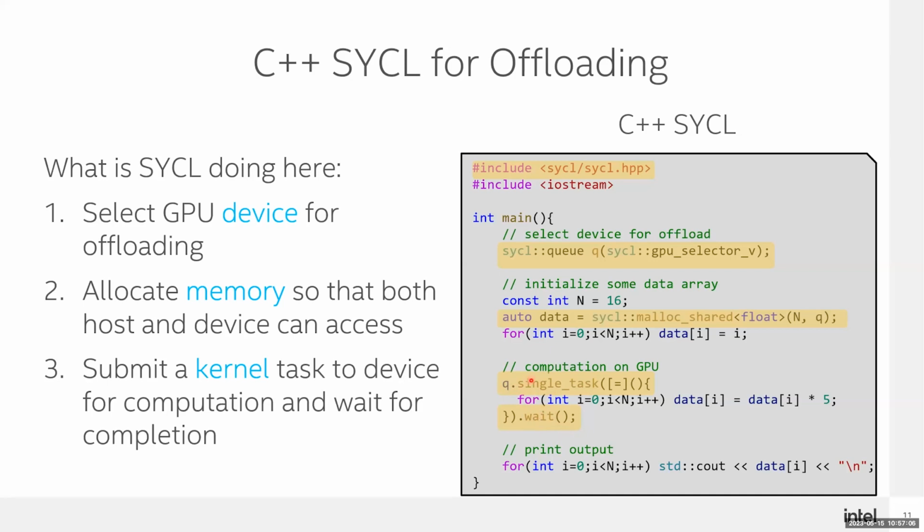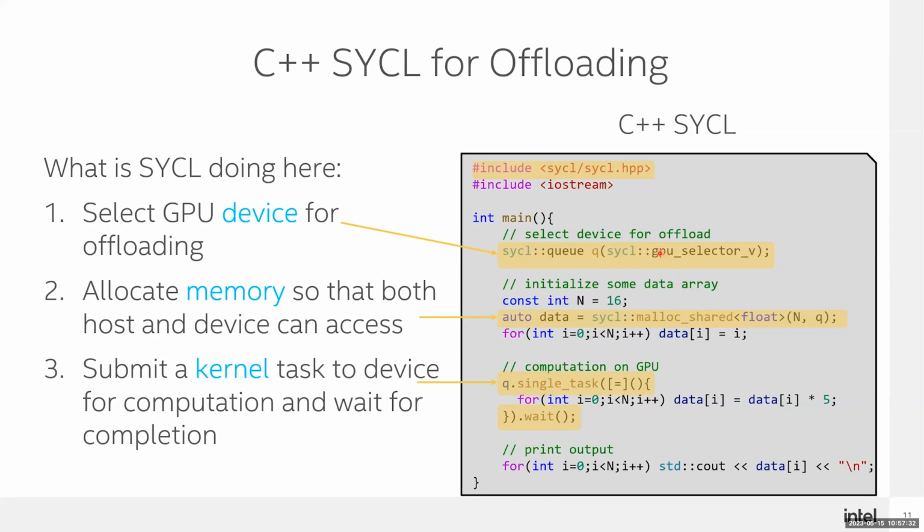So this is the code that will send this computation, basically this for loop that does multiplication by pi, offloaded to the GPU. So this is mainly what SYCL will do. These three things will enable you to write SYCL code, and then this code will actually run on the GPU.